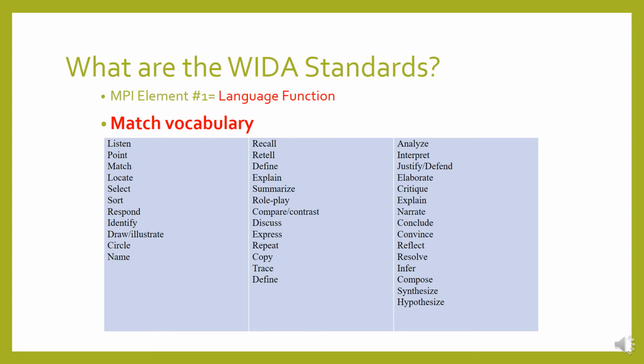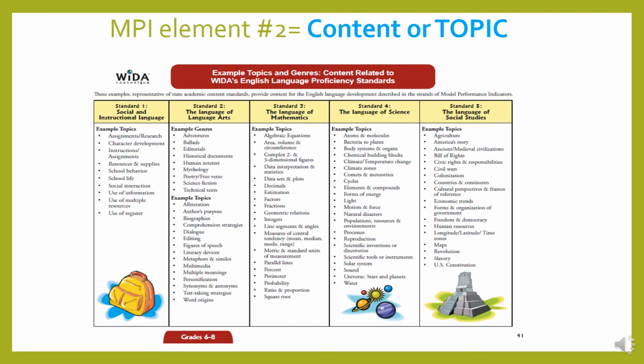Then it works its way up, with recall, retell, define, and then all the way up to explain, critique, elaborate. This would be higher on the scale, more English proficient. So use this if you're having trouble with your language targets, as some keywords to help jumpstart what you're looking for.